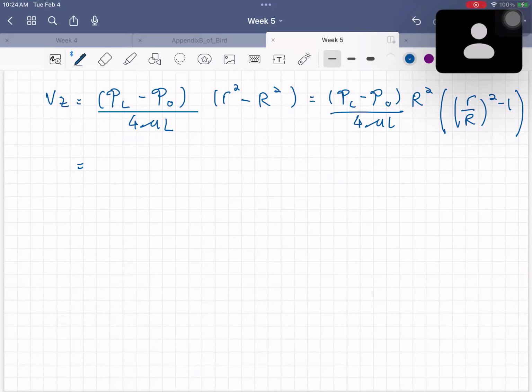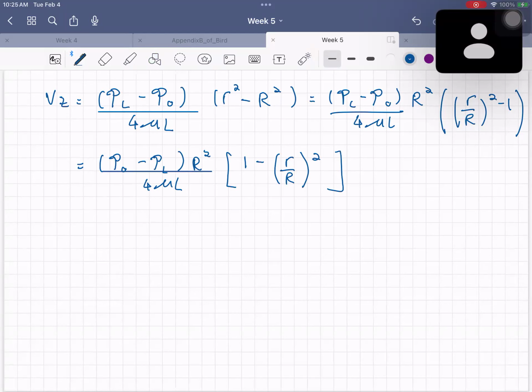But either way, if I rearrange the equation a little bit so that it will be in the general form of the velocity profile for the laminar flow, it will be this.